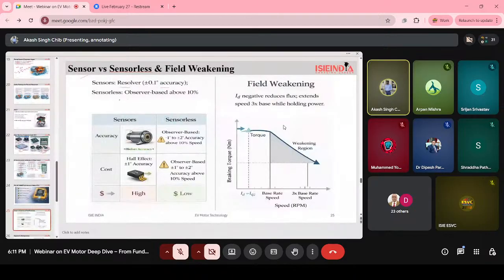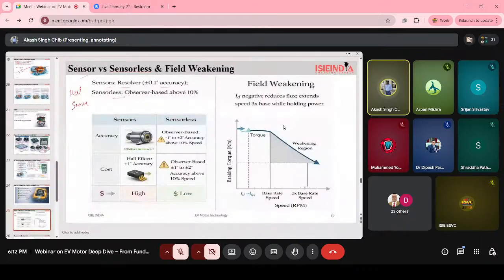If we are not using sensors in the motor, there may be a chance of not getting the accurate position of the rotor. So we are not using sensorless. That's why we are using a sensor, like I have told you, the Hall sensor, so we get a more accurate position of the rotor.